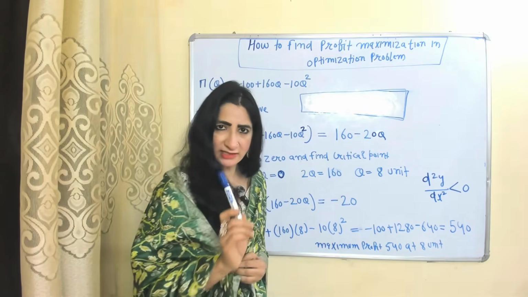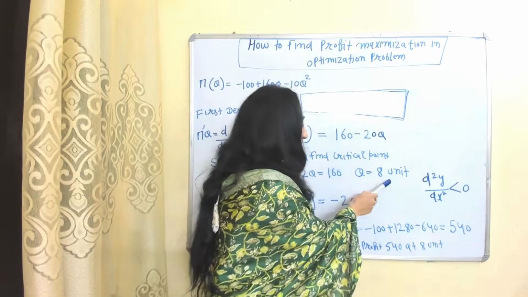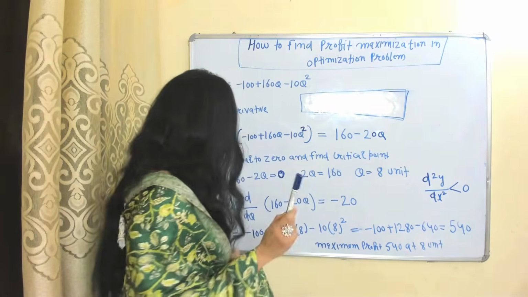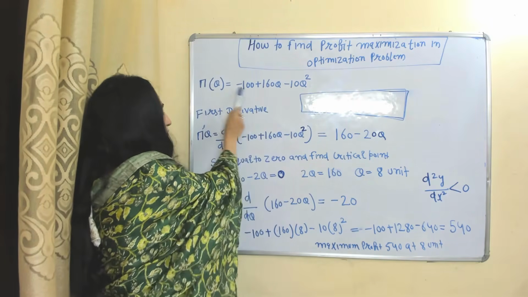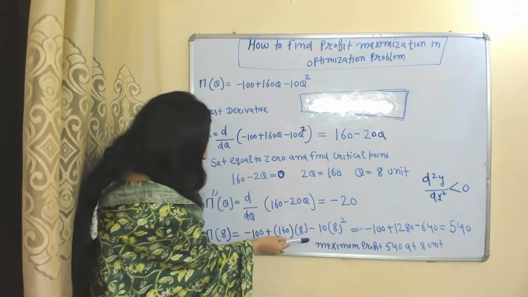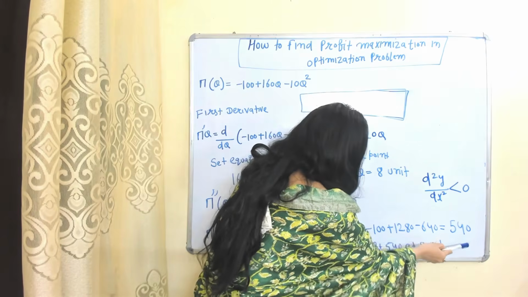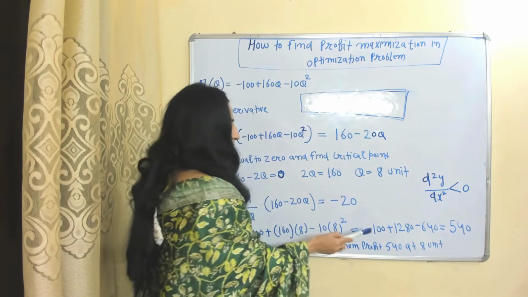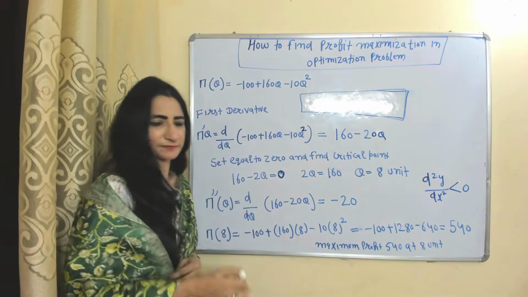Minus 20 is less than 0, that means we are receiving maximum profit at 8 units of output. Now in this original profit function, in place of q, we will put 8. So when we put 8 in place of q and solve, our answer becomes equal to 540. That means our maximum profit is 540 at 8 units of output.